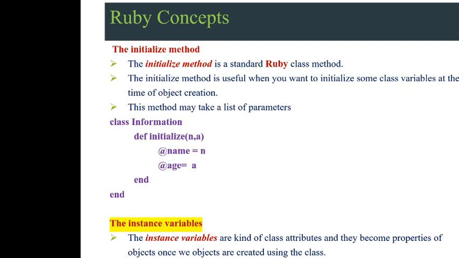You can pass in the parameters, and you can store the parameter values into the instance variable. We talked about, I think in the last class, different types of variables available. You have local variables, instance variables, then you have class variables, and then you have global variables. Four different types.